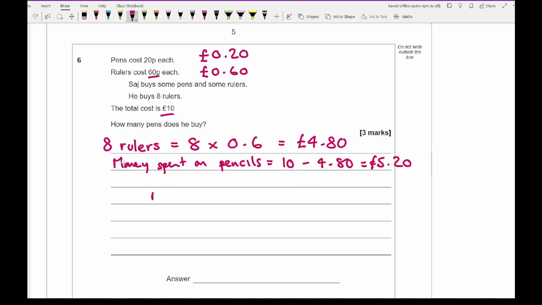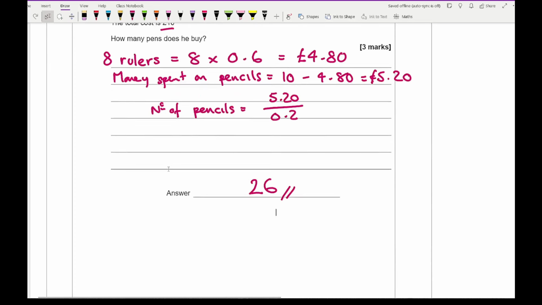So then the number of pens will be £5.20 divided by the cost of 1 pen, which is 20 pence. And if I type that all into my calculator, I get an answer of 26.